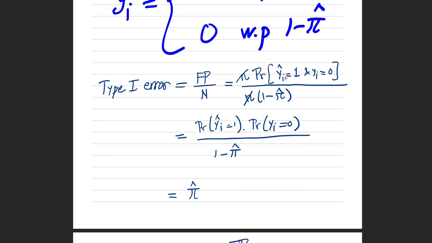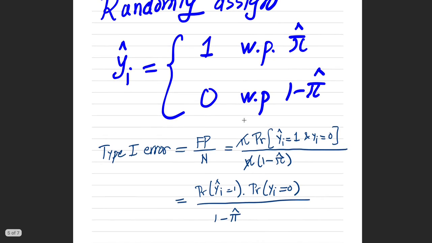And since this y hat is just assigned randomly 1 and 0, it's independent of whether yi is 0 or 1. So you can write the joint probability as the multiplication of these two probabilities, and then roughly speaking, the probability of yi being equal to 0 is just 1 minus pi hat, and this is pi hat just by definition.